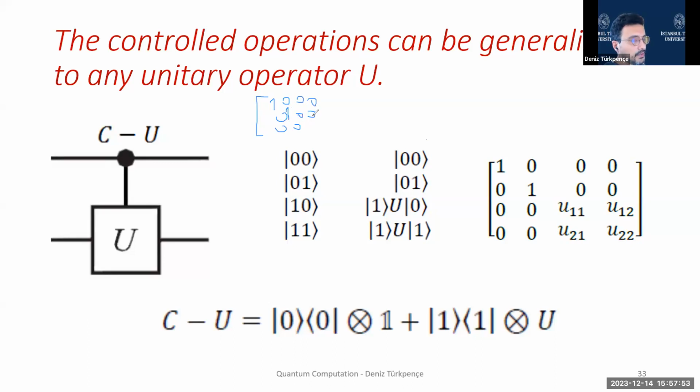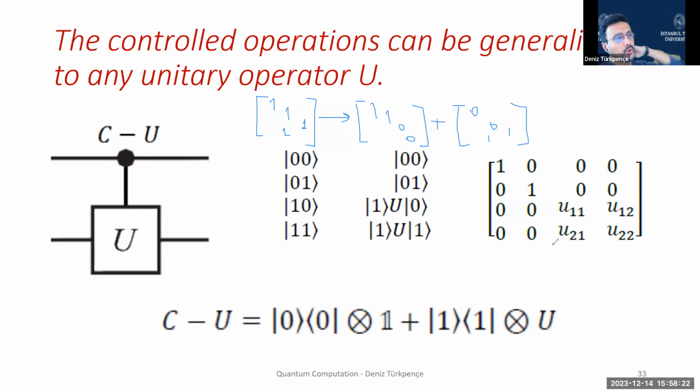Let me write it without writing these zeros. So this is the CNOT gate. And in fact, this is equal to the outer product 0, 0 plus the outer product 1, 1. So you can decompose this CNOT gate just like this, or any U gate just like this.